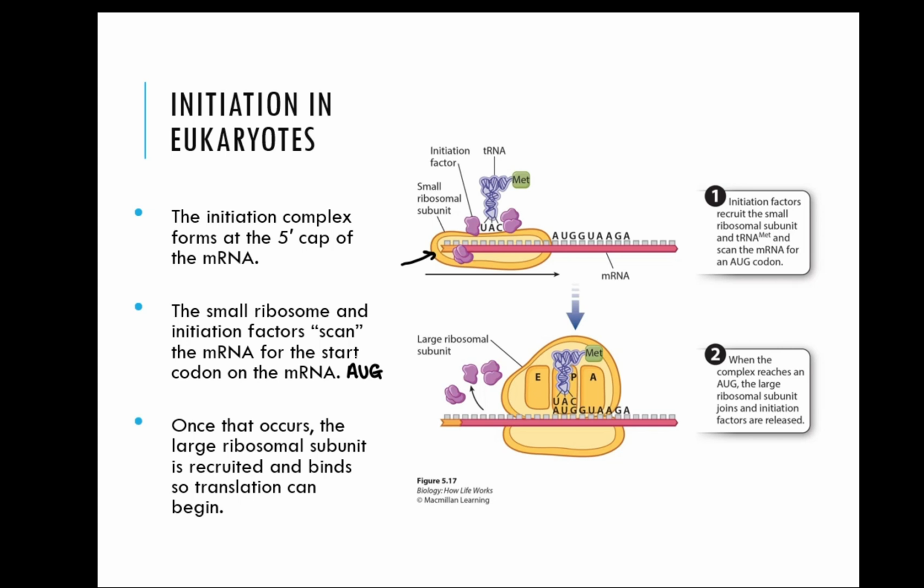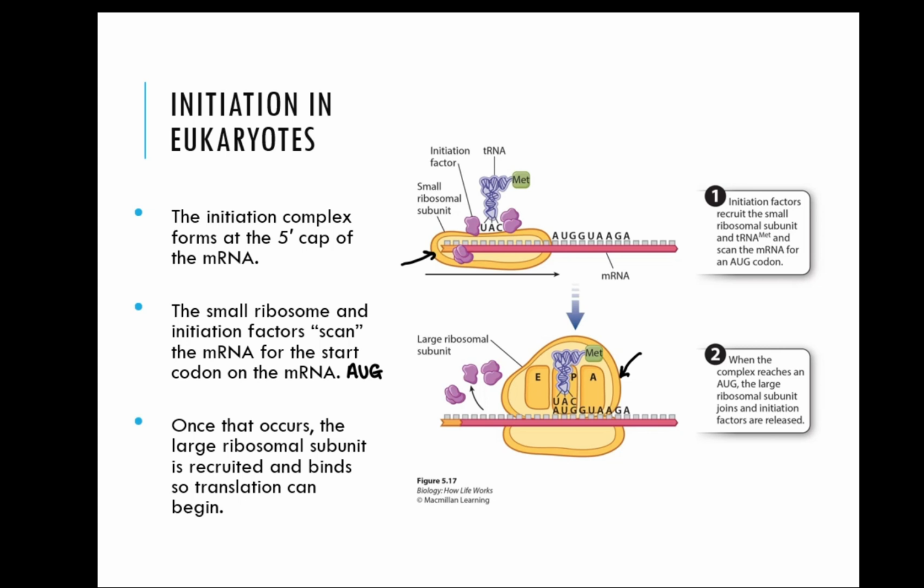Once you find the start, the other parts of this complex are recruited in. So everything is set. The messenger RNA is set. You found the start codon, and now the large subunit can come in and bind. So now you have this complex together to start translation.